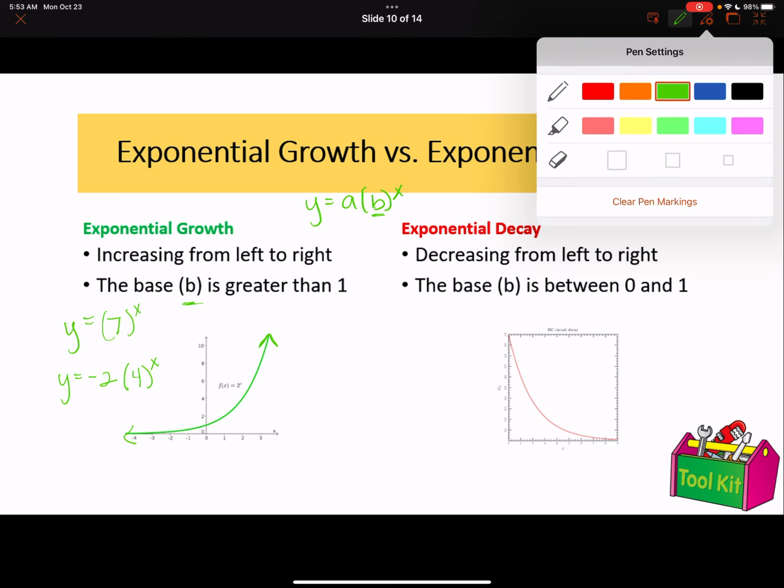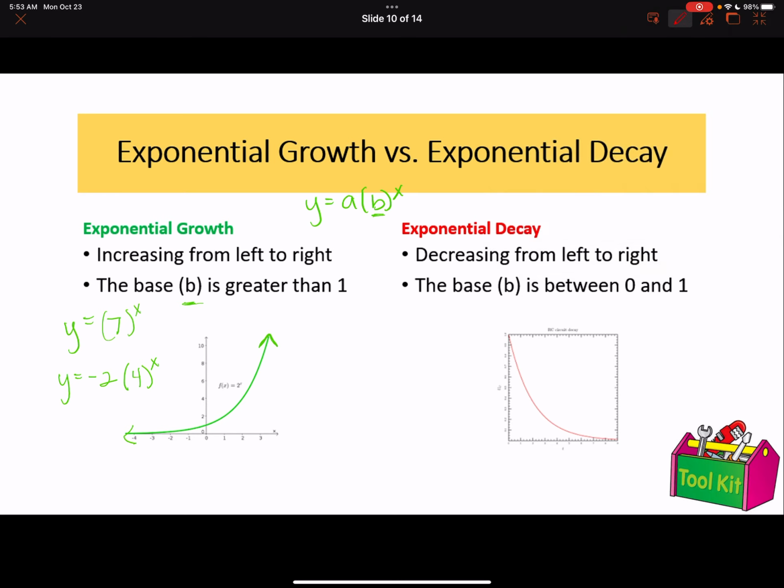So if the base is a number between 0 and 1, so for example, y is equal to 1/5 to the x, it can be written as a fraction, or it could be a decimal, like 0.75 to the x.